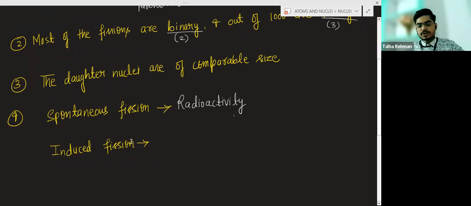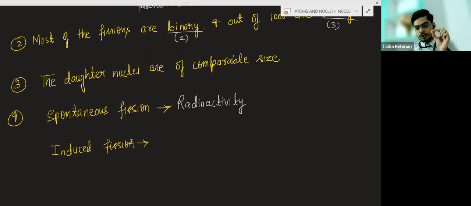Induced fission is the fission which is started by some particle like proton, neutron, or alpha particle, and after that, that fission will continue by itself. Initially, the fission is started by some particle like proton, neutron, alpha particle, and after that, it will be self-propagated.